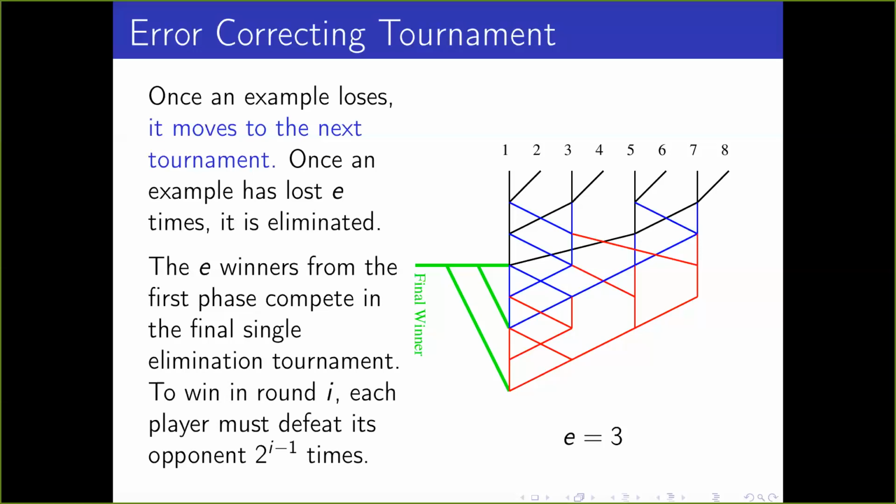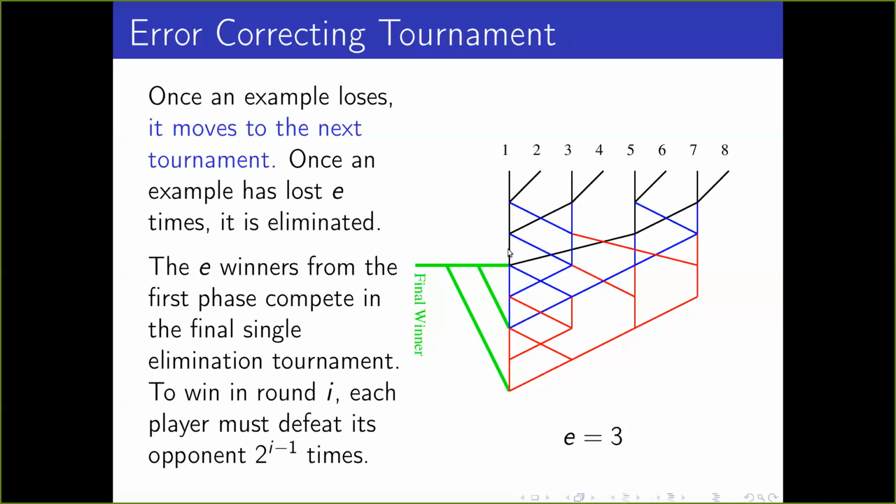Okay, so this is kind of cool. The depth here is essentially going to be order log of the number of classes, as long as we only have log many tournaments.